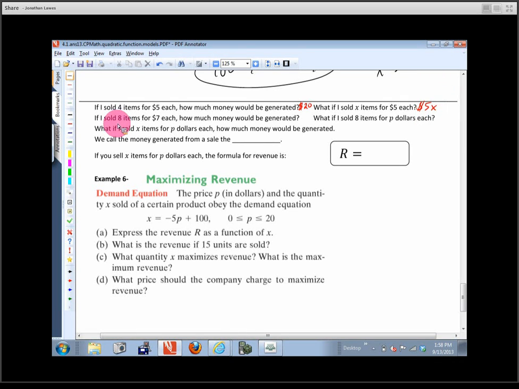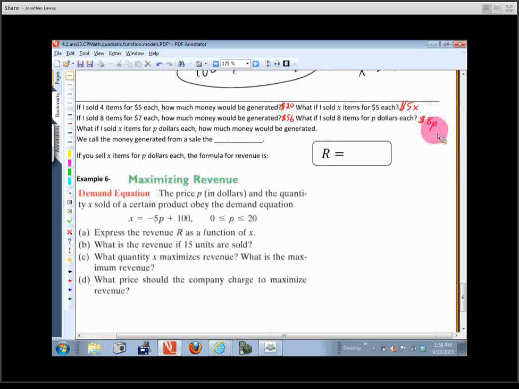So if I sold 8 items for $7 each, how much money would be generated? 56. So what if I sold 8 items for P dollars each? That's going to be 8P. Now you'll notice that the variable is different for each one of these.